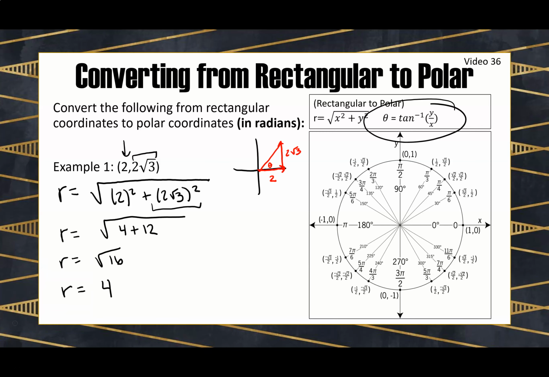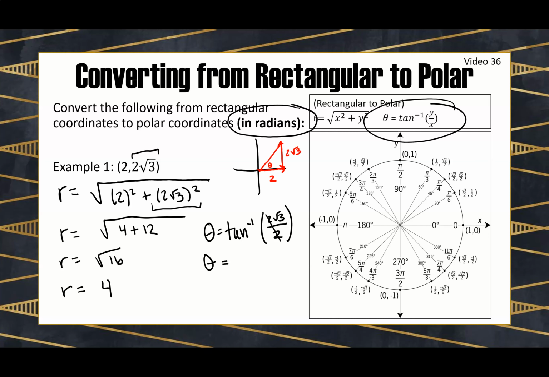So we're going to do tan inverse. Theta equals tan inverse. Remember, it's y over x, so it's going to be 2 root 3 over 2. And when I get that, theta is equal to, you could also see that this cancels. I don't suggest you doing this in your calculator because we can actually get a more accurate answer here, because remember, this asks you for radians.